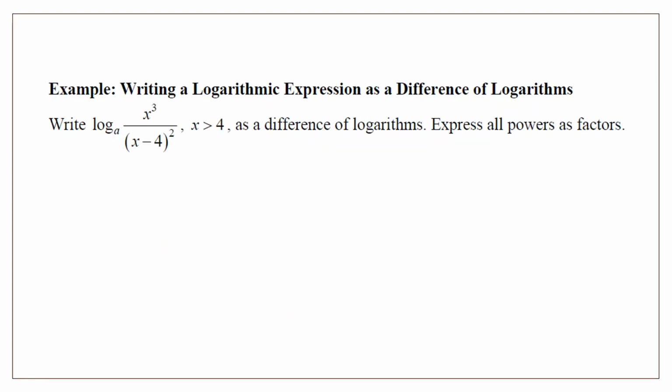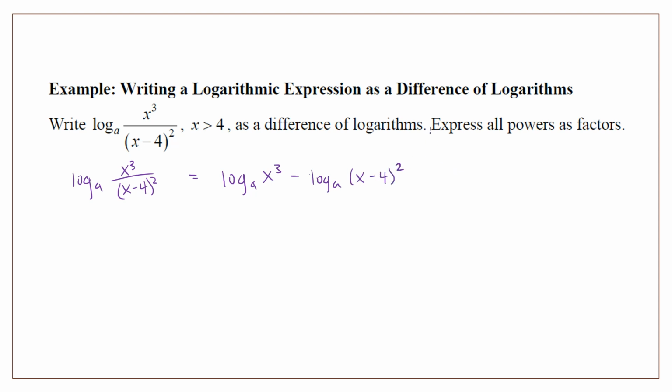So now let's write a logarithmic expression as a difference of logs. So we have our single log base a of x cubed divided by x minus 4 squared. So this is like m divided by n. So this will be the same thing as log base a of x cubed minus log base a of x minus 4 squared.